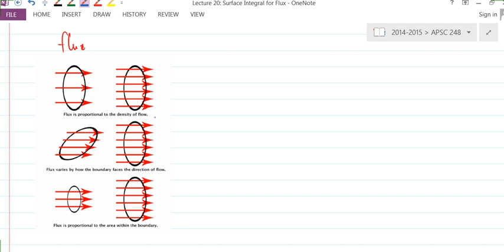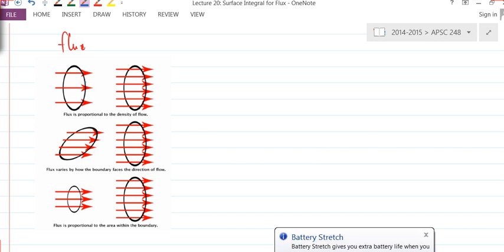Then the flux is, if you have a surface inside this vector field, how much of the quantity represented by the vector field will go through this surface in unit time? So that's basically flux.